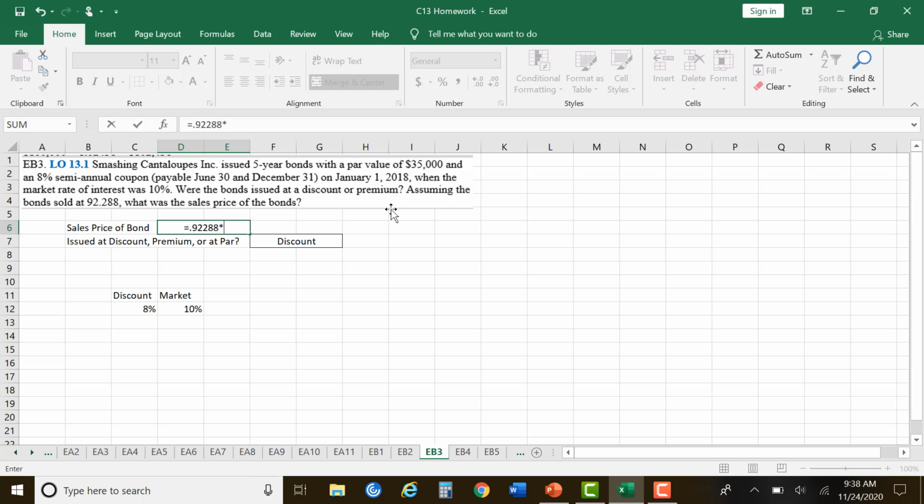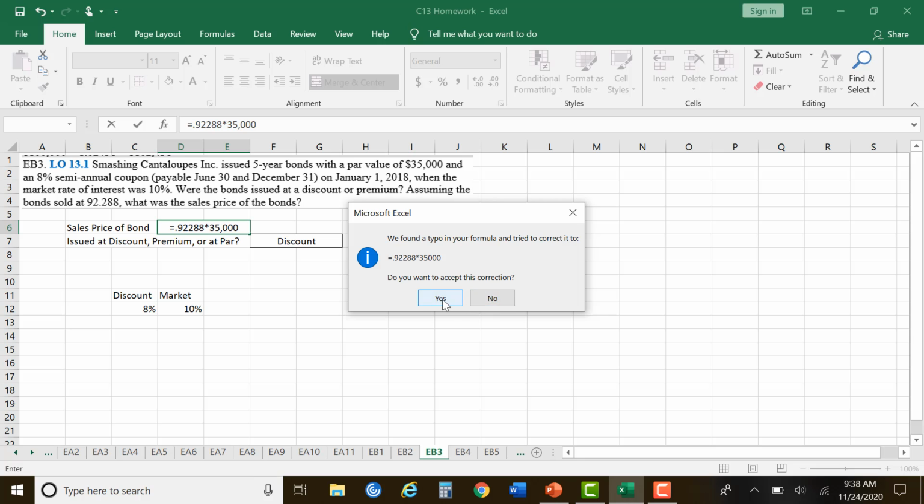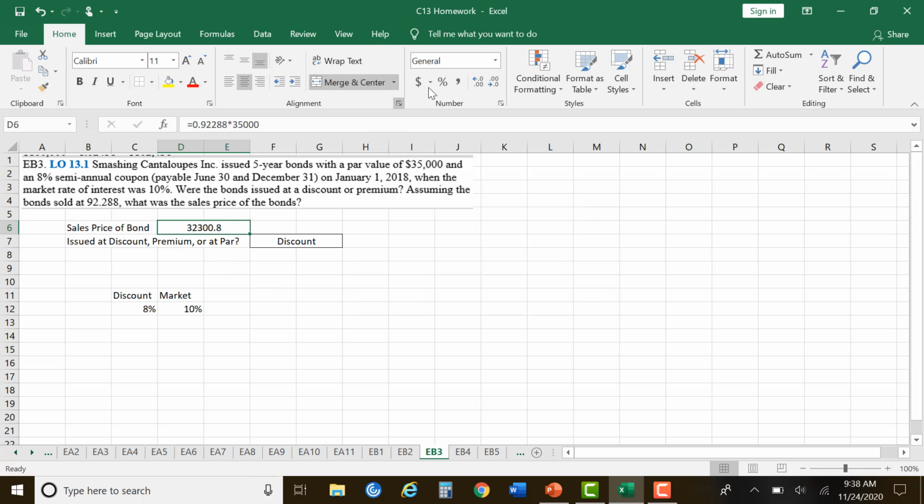I have 35,000. So they sold them for $32,300.80. They had to take a discount on the $35,000 value to get them to sell because they weren't giving as much interest as everybody else in the market was.